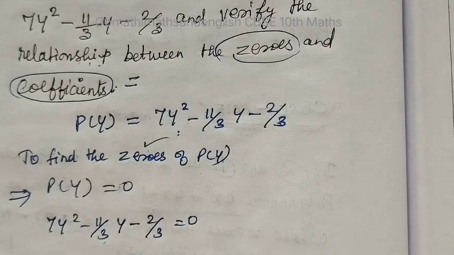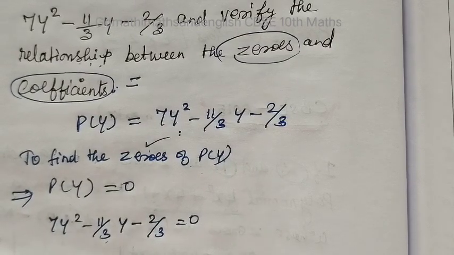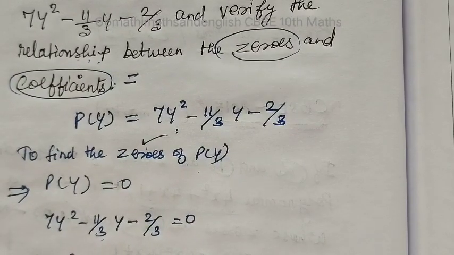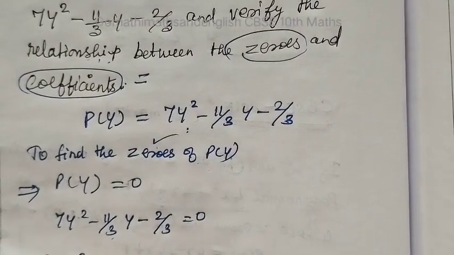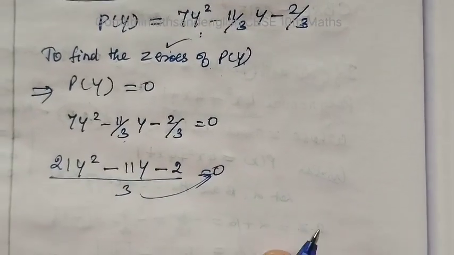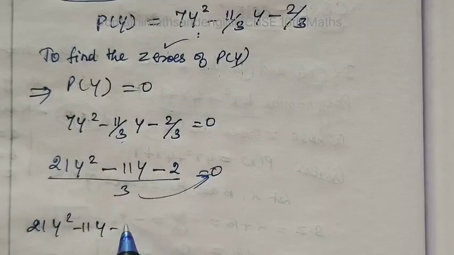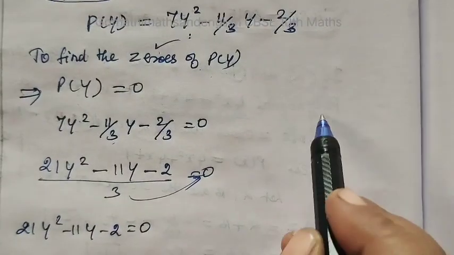Take 3 this side. So 7 3s are 21y squared minus 11y minus 2, divided by 3. So that comes here and it becomes 0. So 21y squared minus 11y minus 2 equal to 0.